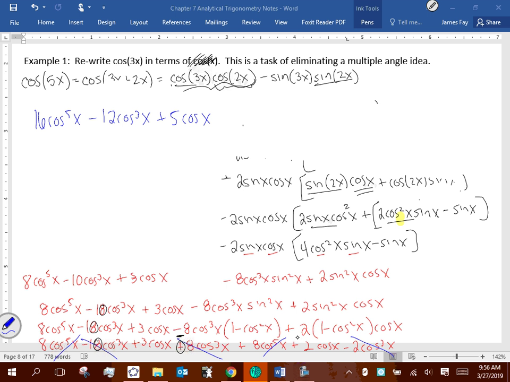Plus, okay, so it'd be negative 18, 8 cosine to fifth x minus 18 cosine cubed x.